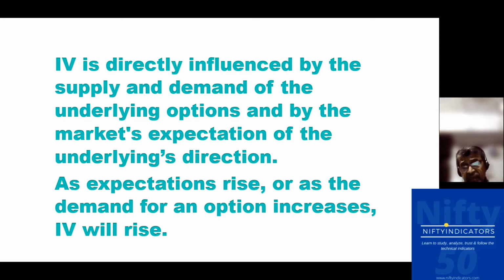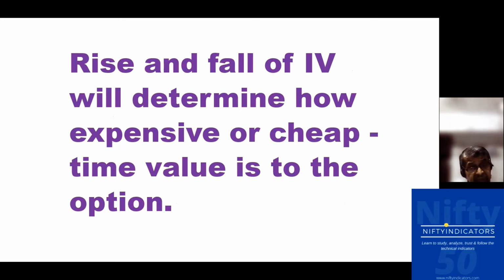It is directly influenced by the supply and demand of the underlying options and by the market's expectation of the underlying direction. As expectations rise or as the demand for an option increases, implied volatility will rise. The rise and fall of IV will determine how expensive or cheap the time value is in the option.